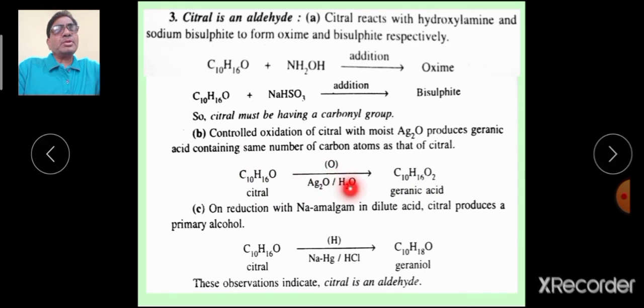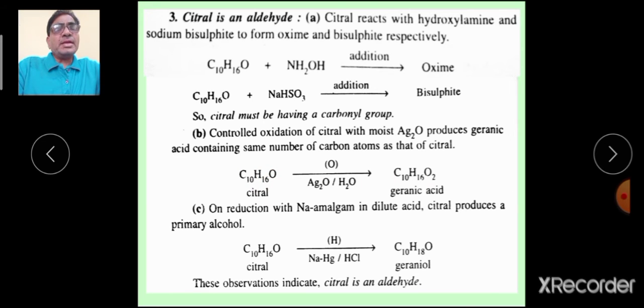What is the reaction? RCHO on oxidation gives RCOOH. That is, an aldehyde on oxidation gives an acid. Thus, citral is an aldehyde.